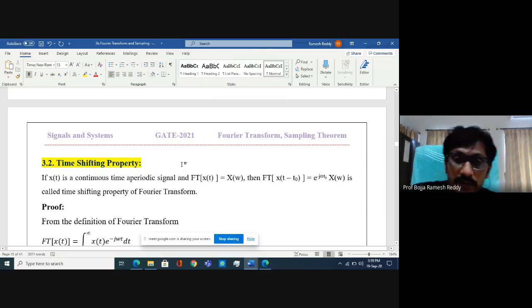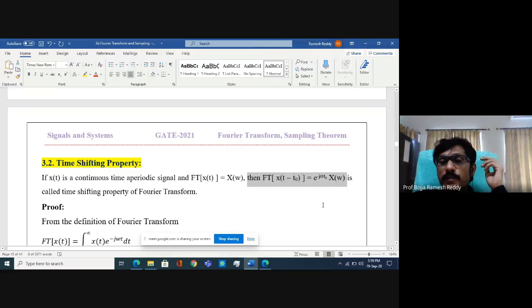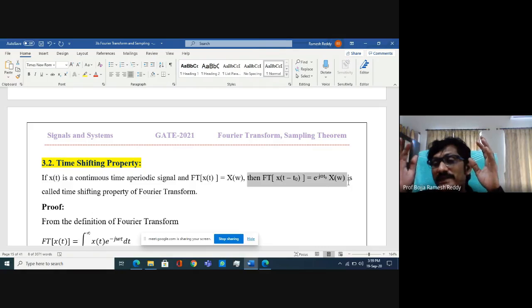Now, the time shifting property. Time shifting means if the time domain signal is shifted to some other position, to the right or left, as x(t - t0), then what happens in the frequency domain? It becomes e^(-jωt0) X(ω). In the frequency domain, take the product of the original spectrum and the complex exponential term e^(-jωt0).